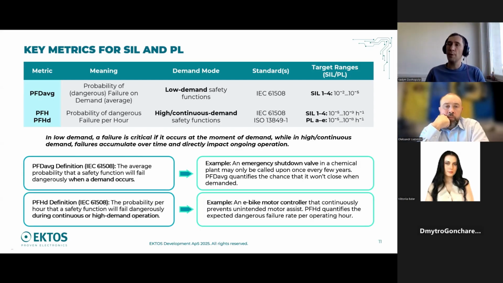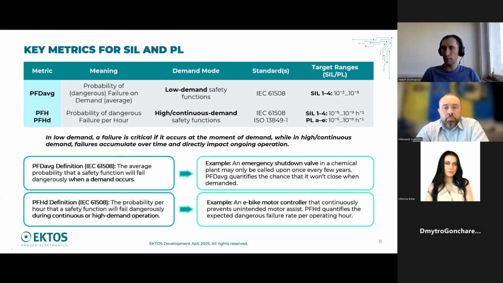For low demand, the probability of dangerous failure on demand is used. Here we are more interested in the probability of activation or operation of the safety function when we need it, in the event of need of this safety function.